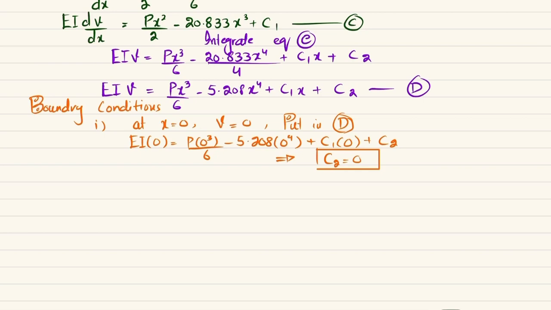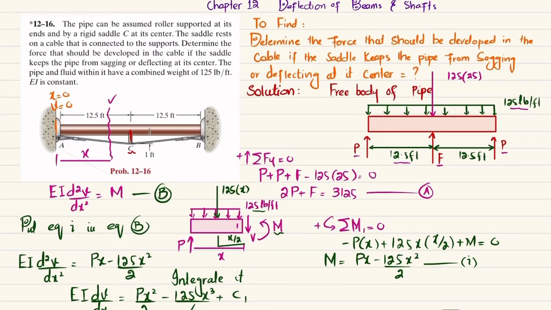Now we will use another boundary condition, that is at x is equal to 12.5 feet, we have deflection is equal to 0. Because it is given that at point C there is a saddle, so at x is equal to 12.5 feet, this saddle helps us from sagging the pipe or deflecting at its center.